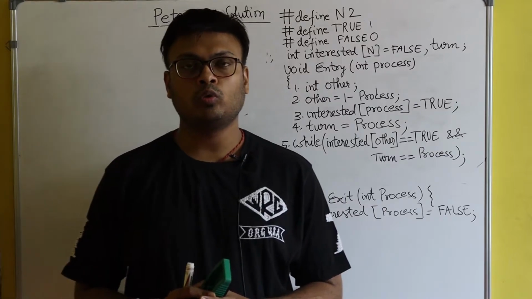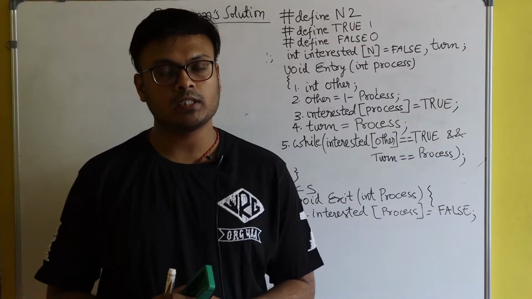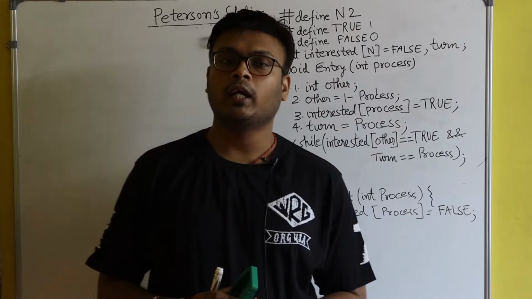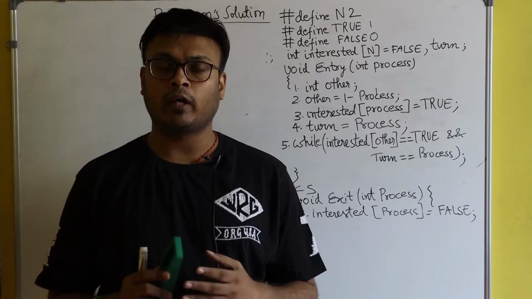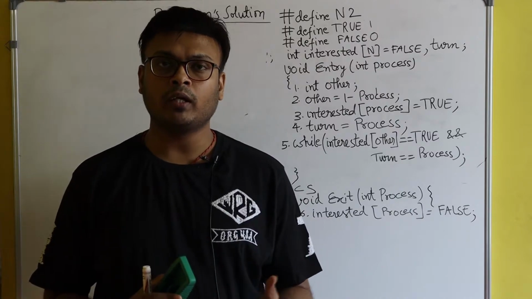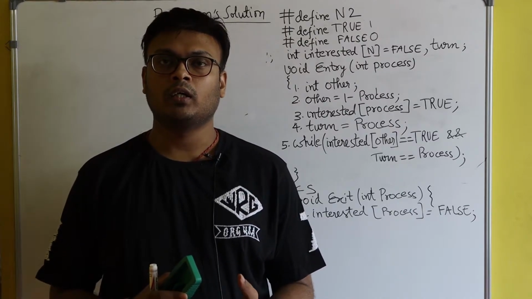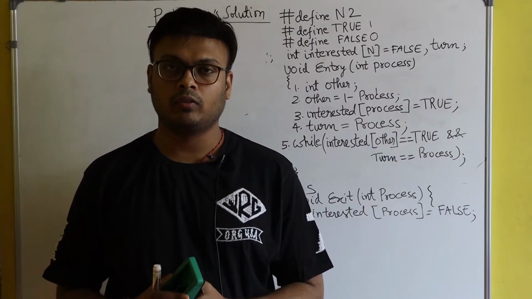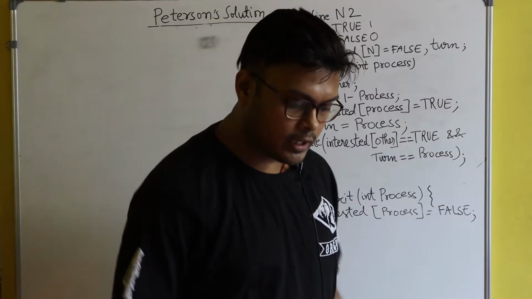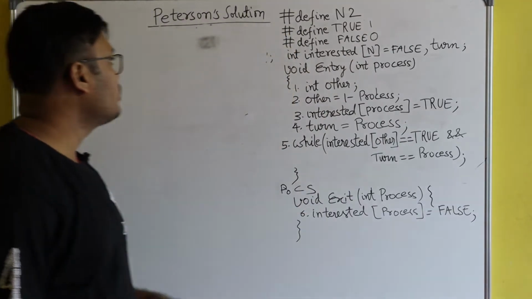So today we will study this Peterson's algorithm. Here we will analyze the code, and for every condition we will see how these things are getting satisfied. So let's study Peterson's solution.